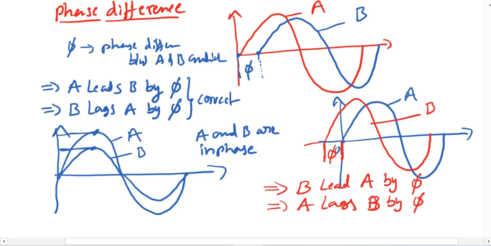Because the first zero instant occurs at the B waveform, it is leading, it is coming before the A waveform. So it is leading by what angle? The B waveform is leading the A waveform by some pi angle. So that is leading, lagging and phase difference as a concept.